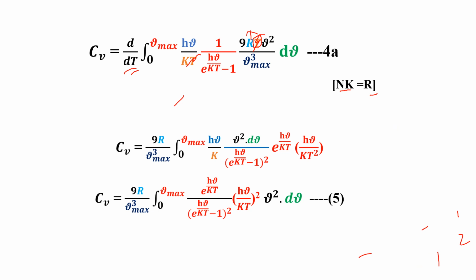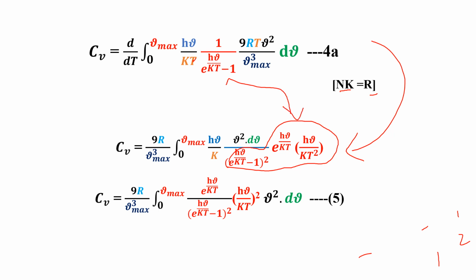So the differentiation value for e power h nu by kt from equation 4a to the next equation is in red color. Here the red color highlighted fonts are the differential answer of this e power h nu by kt minus 1.